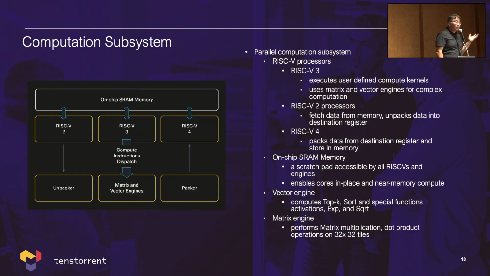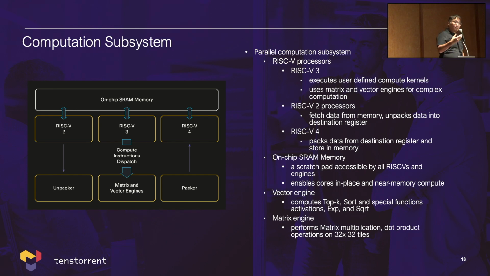So this is kind of the breakdown. Like I mentioned, our tensor actually has 2 parts. One is the communication subsystem responsible for data movement. The other part is these 3 RISC-V processors in the middle that manage the computation itself. One computation processor is basically taking the data from the producer and putting it in the local memory and reformatting before you send it into the vector and the matrix engine.